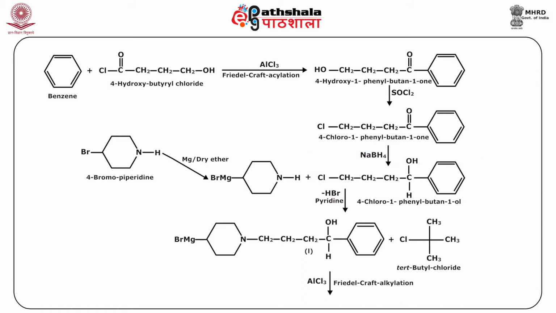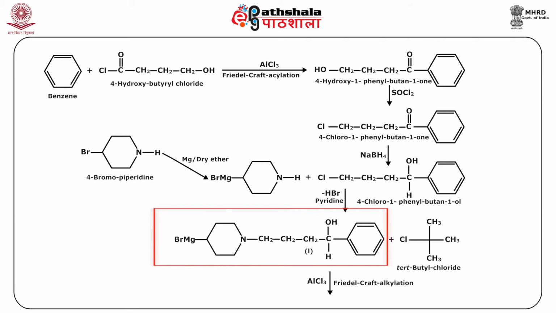In step 4, 4-bromopiperidine on reaction with magnesium in dry ether forms piperidine magnesium bromide. The piperidine magnesium bromide on reaction with 4-chloro-1-phenylbutanol in the presence of pyridine as a base forms compound number 1.